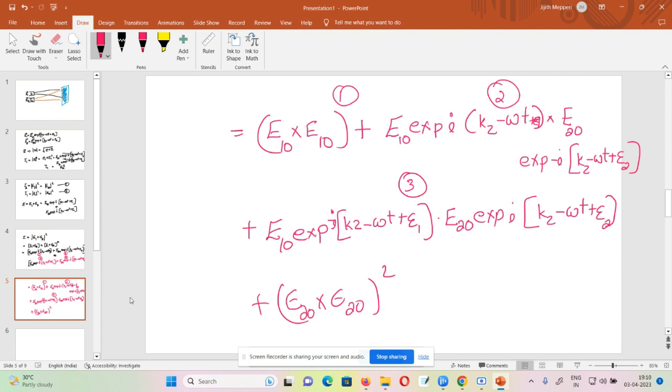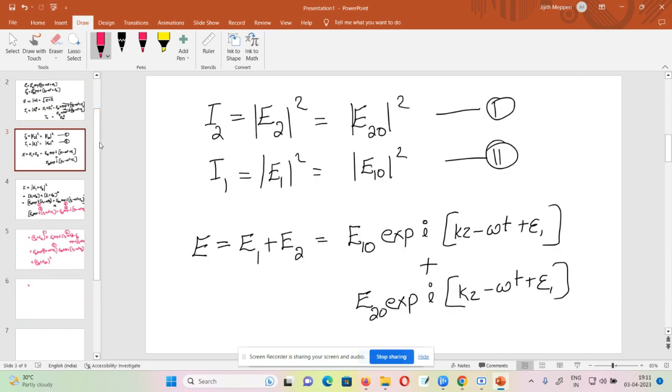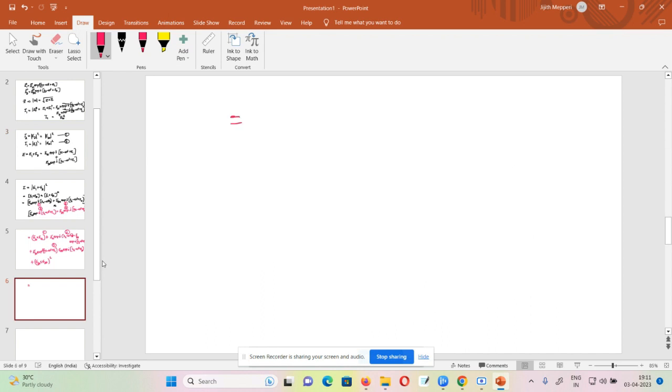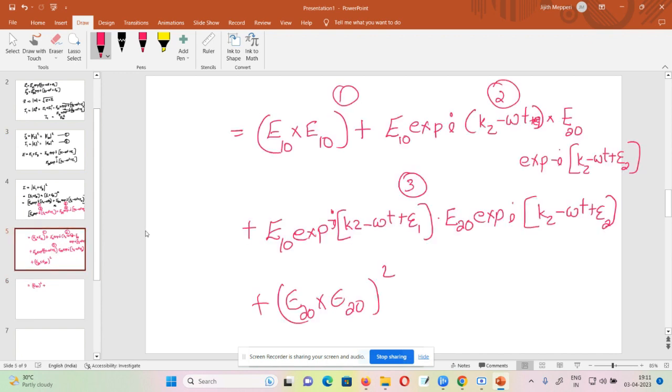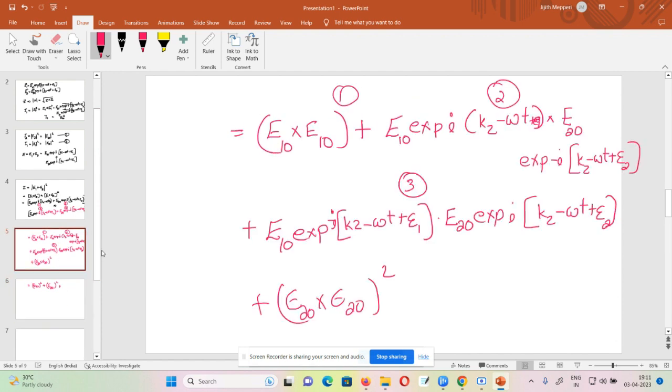Now you can see what things exist here. E10 into E10, so the term will be E10 square. What is E10 square? That you already know: E10 square is I1. So you will have E10 square plus E20 square. Then what are the two other terms?